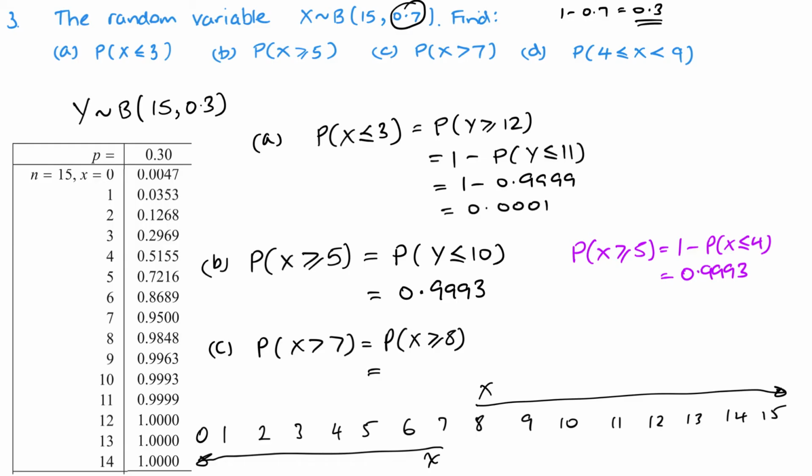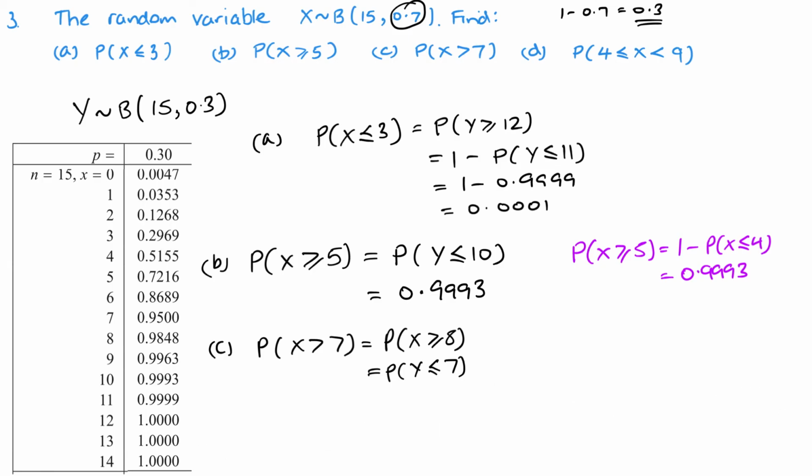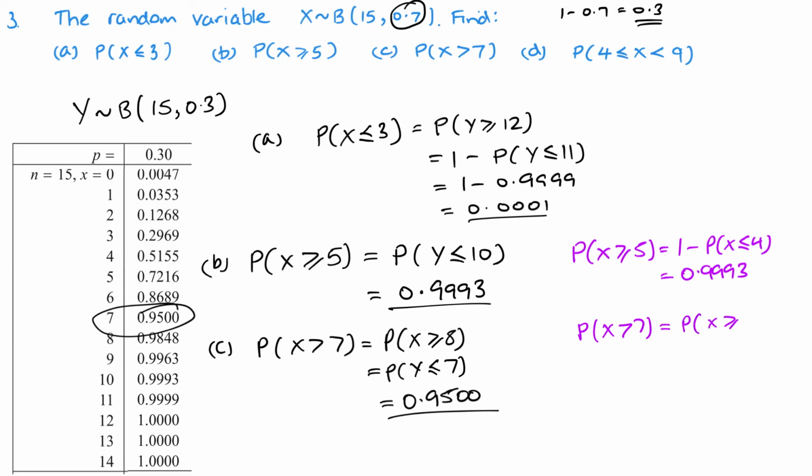I'm just popping that underneath. Y is less than or equal to 7, which in my tables is here, so 0.9500 there to the 4 decimal places. Now in my calculator, of course, I can do x is greater than 7, which is, as we had already said, greater than or equal to 8, which is 1 minus x being less than or equal to 7.